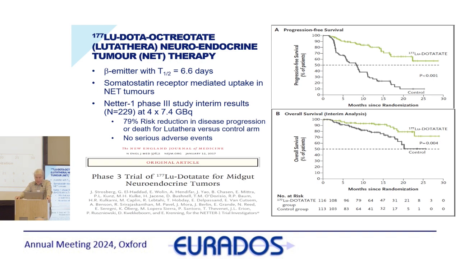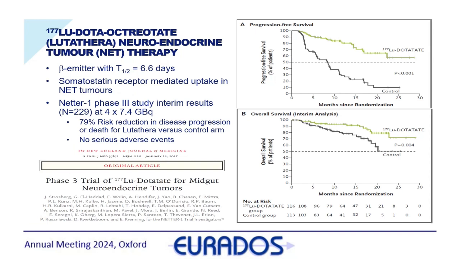In a phase 3 trial initiated by Novartis, you can see that the progression-free survival in these patients is much better than the control group, which got the same sort of peptide but without lutetium. To give you more background information, octreotate is a somatostatin targeted peptide to treat neuroendocrine tumors. So you see the success of this 4 times 7.4 gigabecquerel.